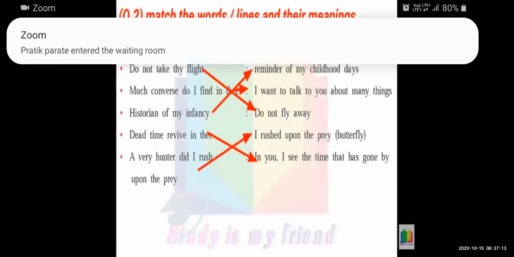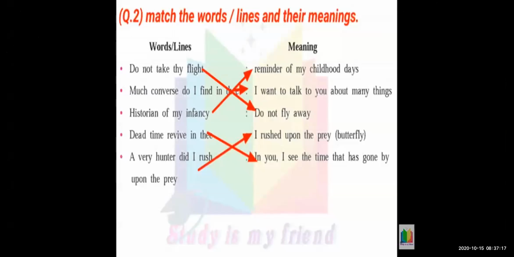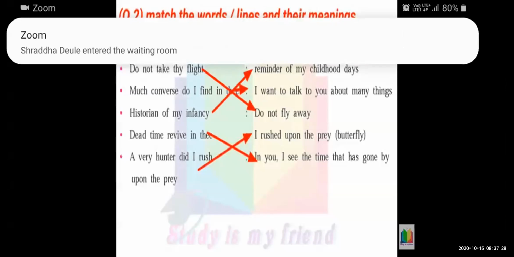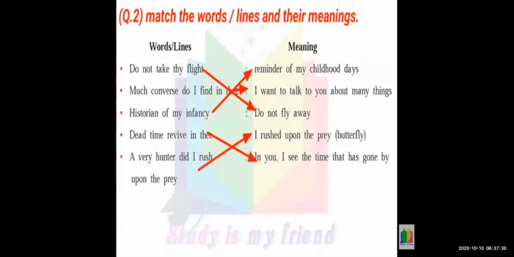Here, do not take thy flight, do not fly away. The poet requests the butterfly, do not go away from this garden.